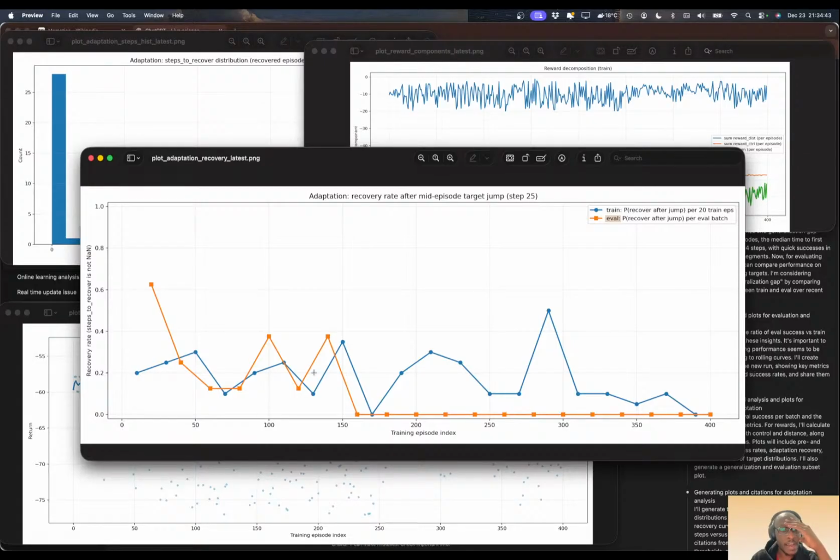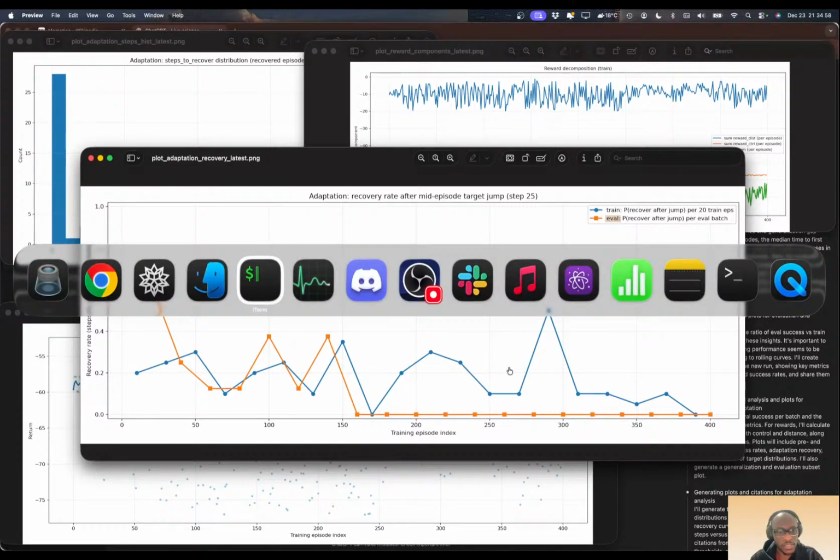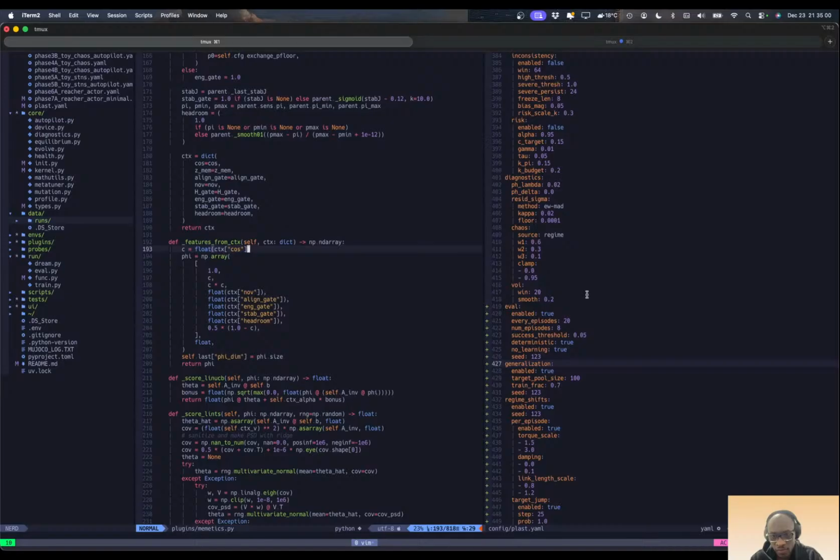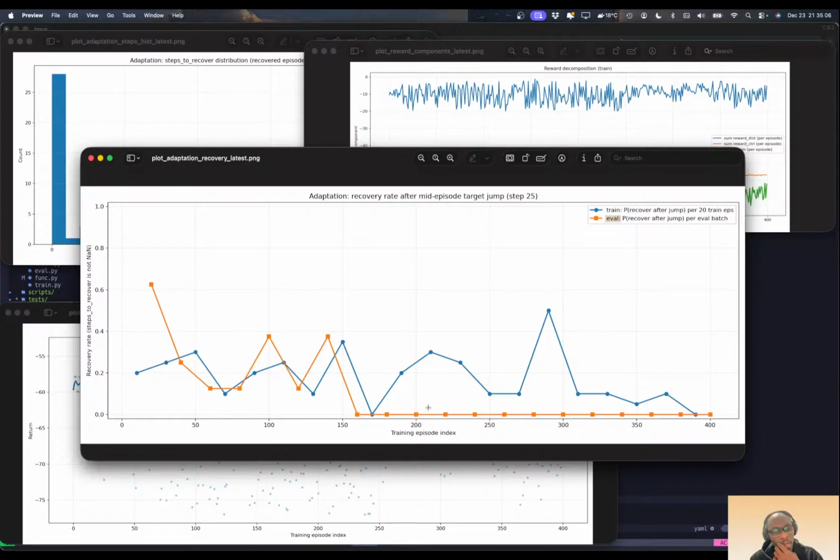By jump I mean after you do some shift, or regime shift, every 25. I think I'm setting it to 25 if I'm not wrong. Yeah, steps is 25. We can give it any number, but I think 25 is good.